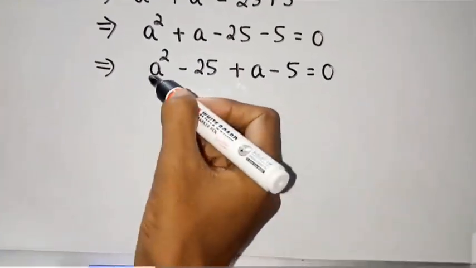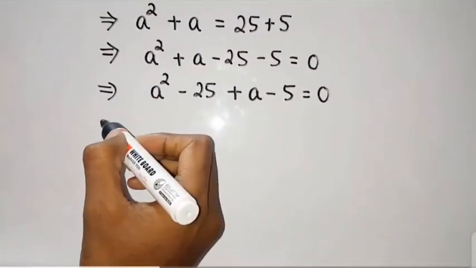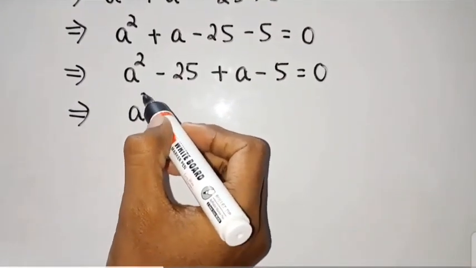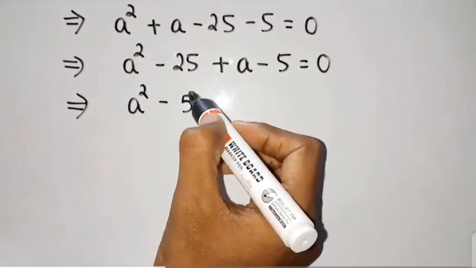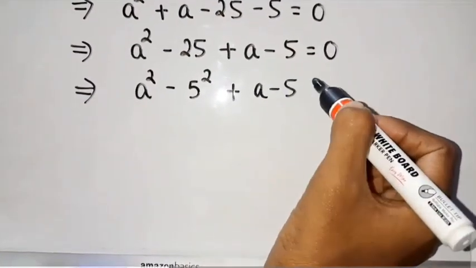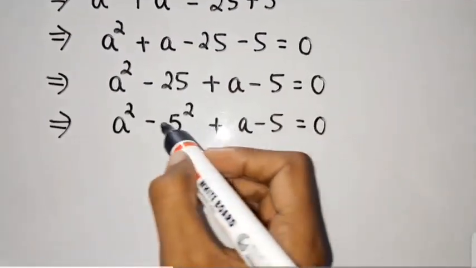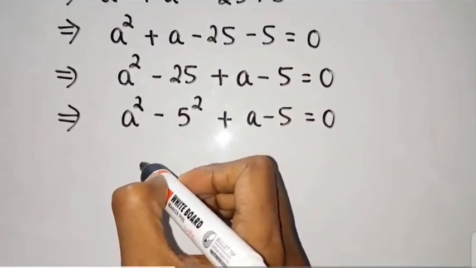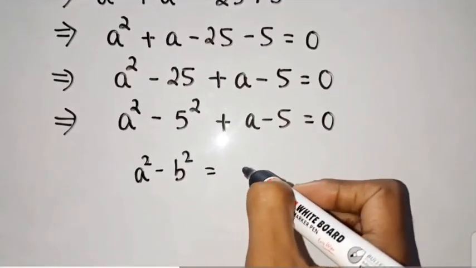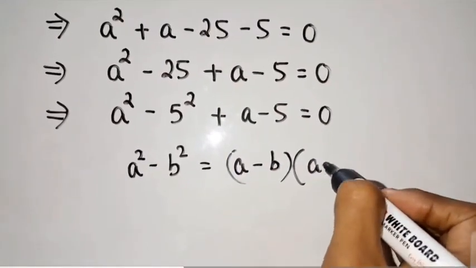Why? This is because we can use these formulas here and here. This implies this is nothing but a square minus 5 square plus a minus 5 equals 0. And we know what this is: this is nothing but a square minus b square form, which is a minus b multiplied by a plus b.